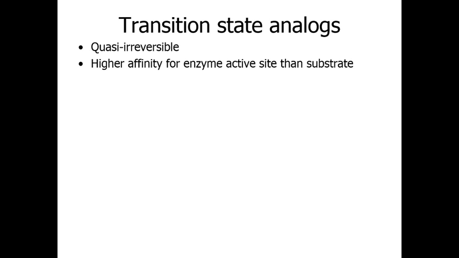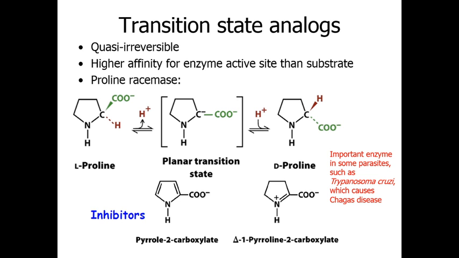Transition state analogs are different from reversible and irreversible inhibitors. They're quasi-irreversible because they have a higher affinity for the enzyme active site than the substrate. For example, in the case of proline racemase, the reaction catalyzed by this enzyme is racemization of L-proline to D-proline, and the transition state involves a planar structure.